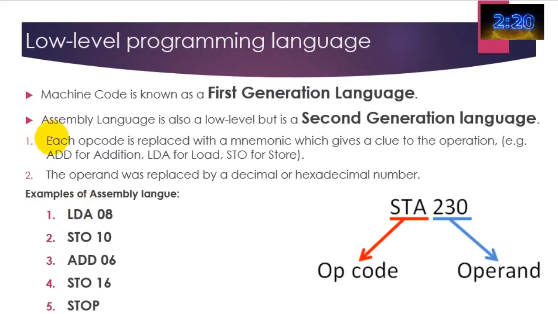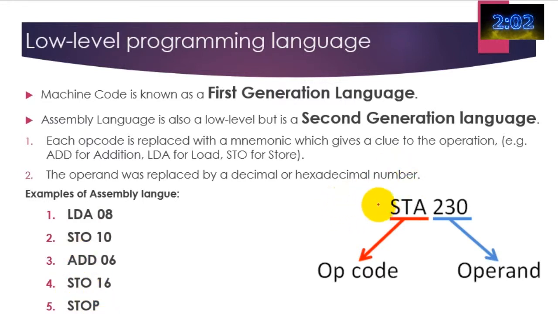So bear that in mind. Where you had addition, which might have been an opcode of say 1111, you've now just got a mnemonic like ADD or LOAD or STORE or STOP. So it makes it a lot easier.